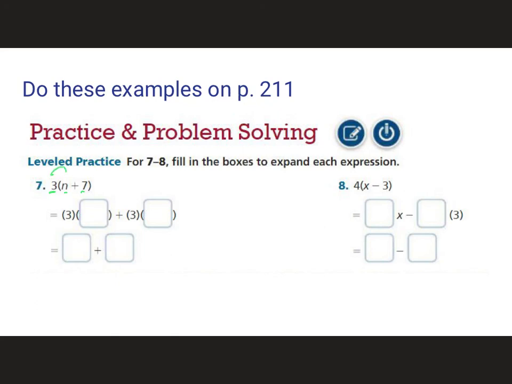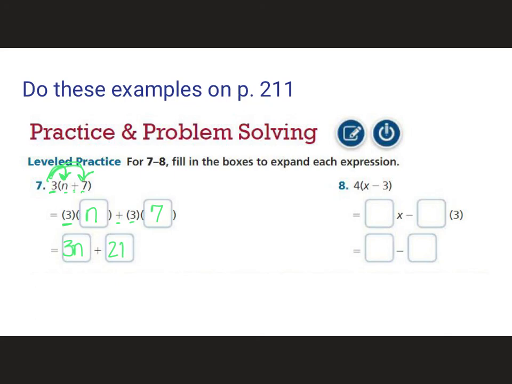So I'm going to do 3 times n and plus 3 times 7. If I simplify that, 3 times n is 3n, and 3 times 7 is 21. So there is the answer, number 7.